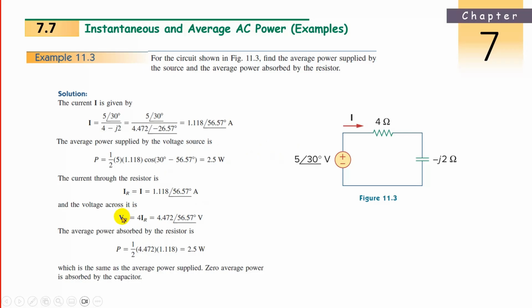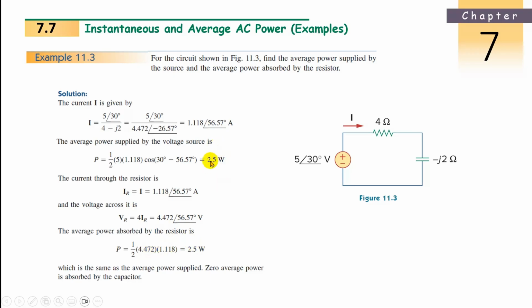Not V, VR: 4.47∠56 degrees. And I is nothing but 1.118∠56 degrees. So both have the same angle, so it will cancel out. Cos of 0 is 1. So only multiply the magnitudes, V and I, 1.118 and 4.472. So half of this is 2.5 watts.